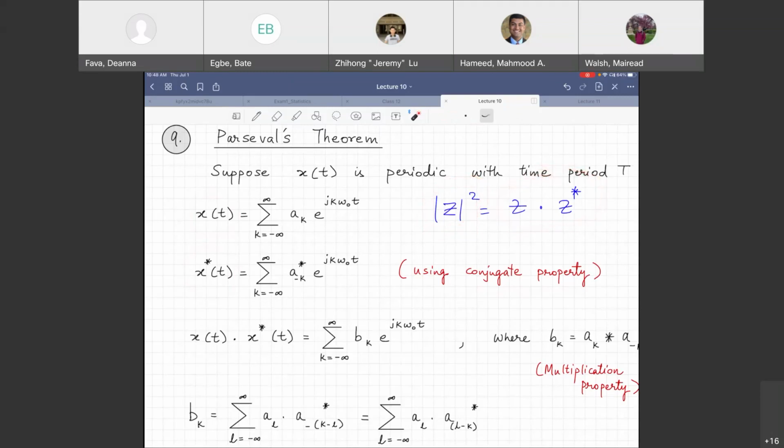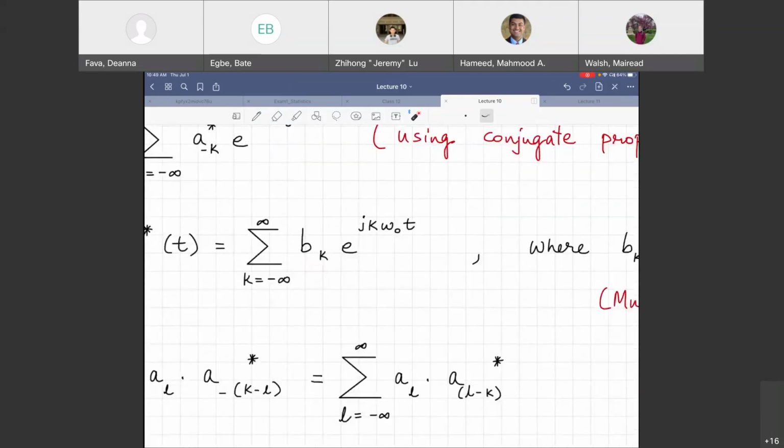So when I multiply those two, what do I get? I get some other periodic signal with some new coefficients b sub k, right? I need to evaluate them. The summation is going from negative infinity to infinity, e to the jk omega naught t, right?